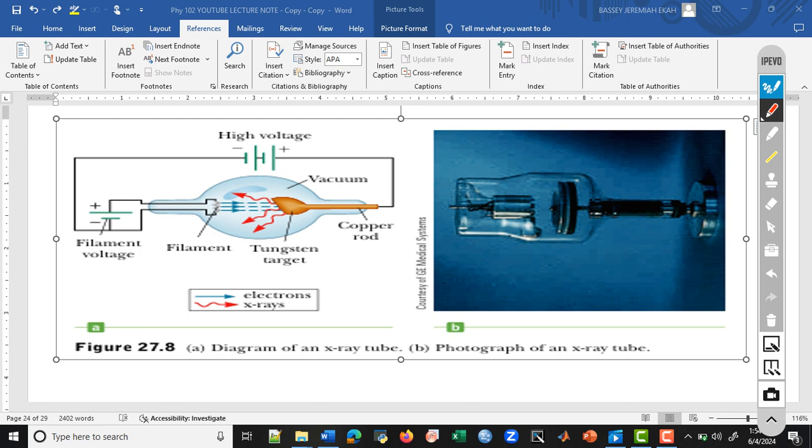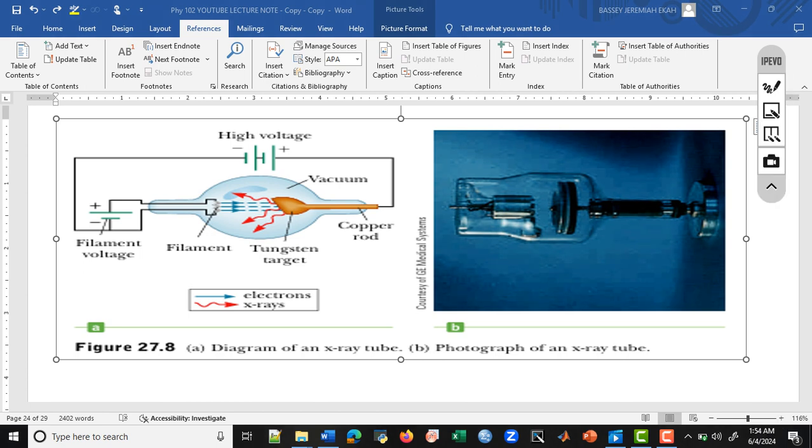The red arrow here signifies X-ray. The blue arrow here signifies electrons. So when electrons are supplied from the filament, they travel towards the right, strike the target, and X-rays are produced.